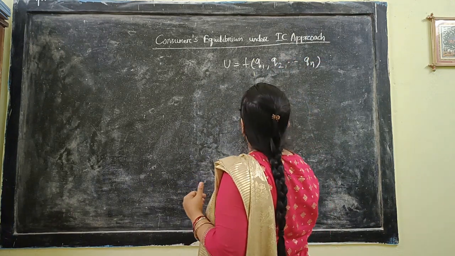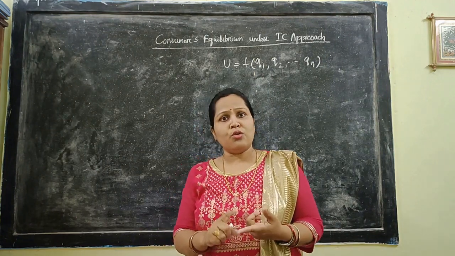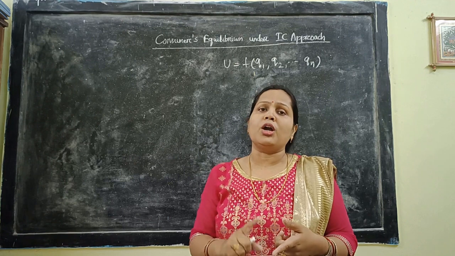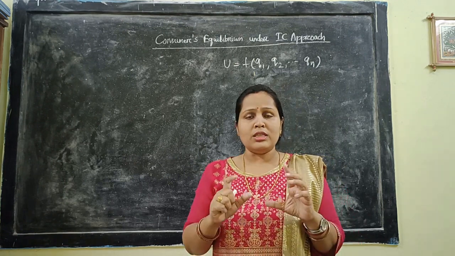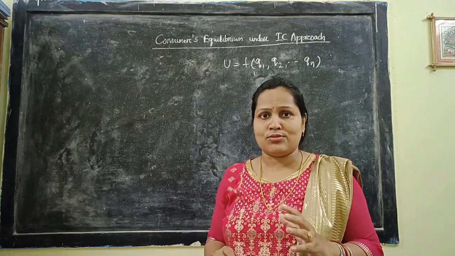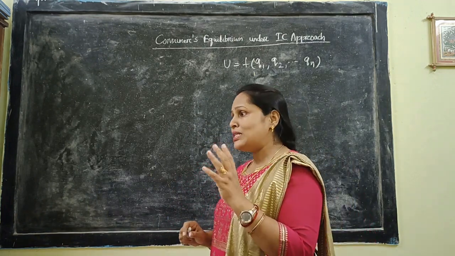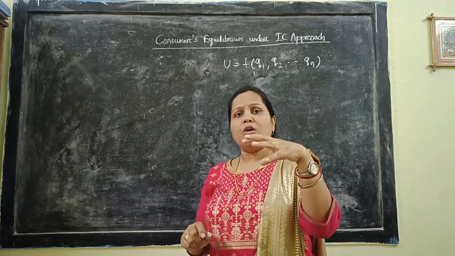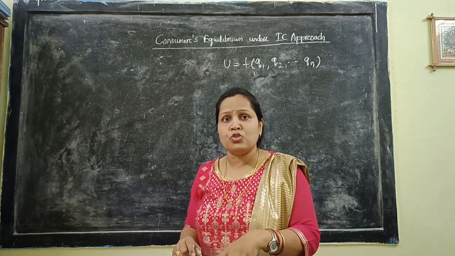So U is a function of the consumption of commodities Q1, Q2, Q3 up to Qn. And one thing to remember here is that utility is additive. That means utility depends upon the amount of a commodity that the consumer is consuming.